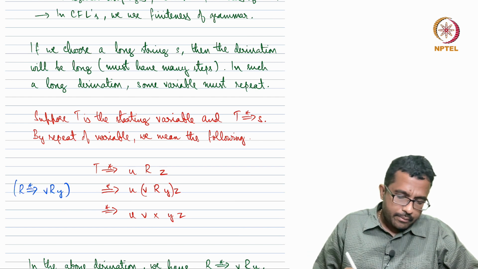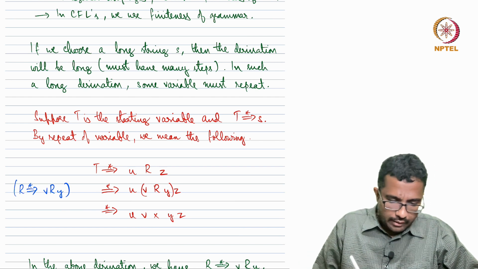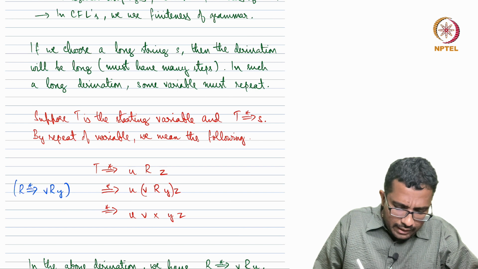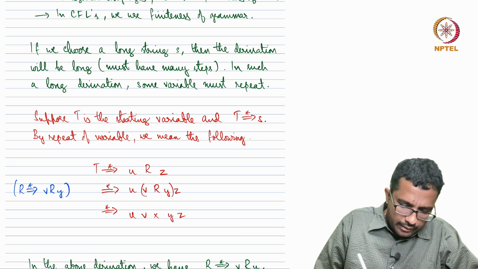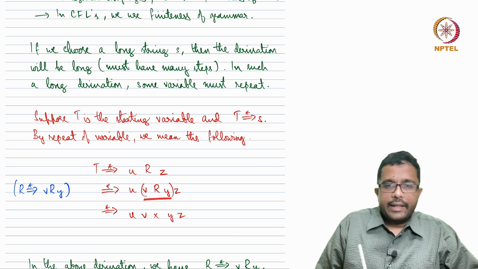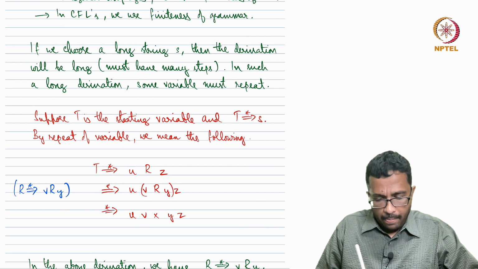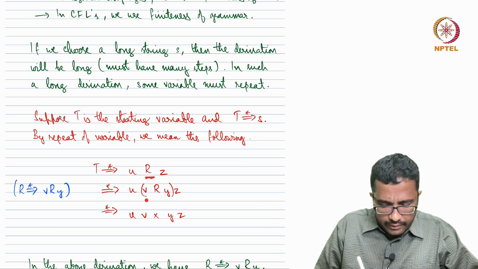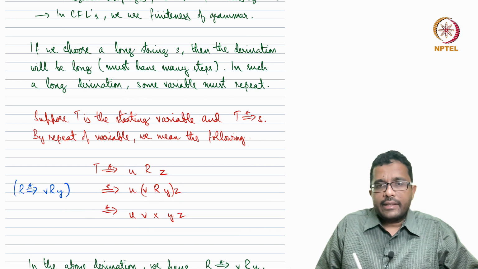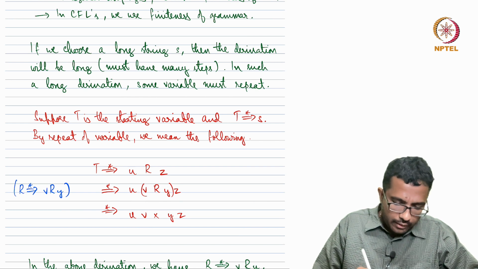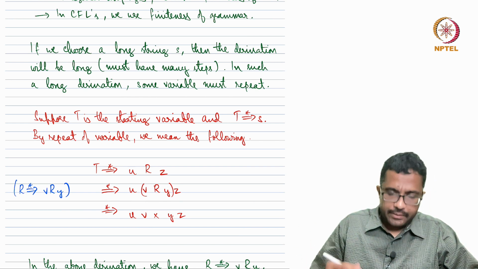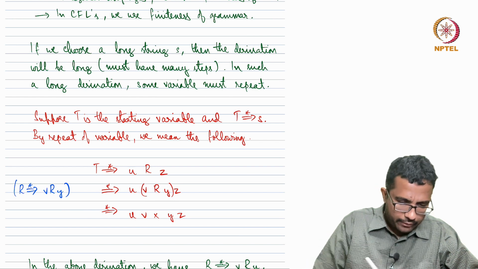Then, because the string is long, this r yields v r y again, meaning r yields something that has an r again. So this is what I've written here.